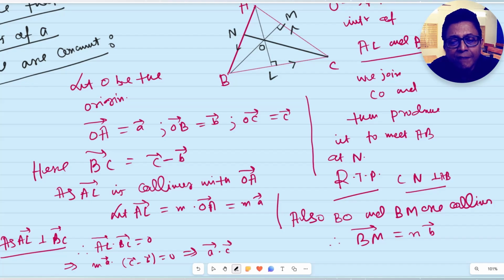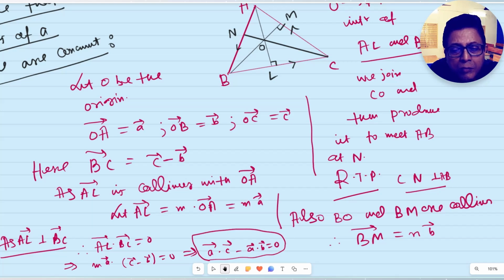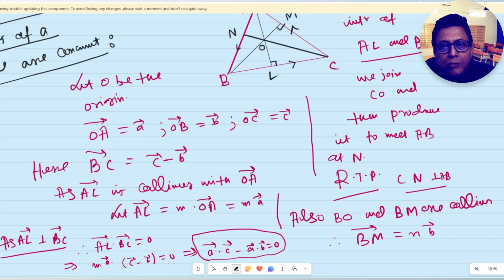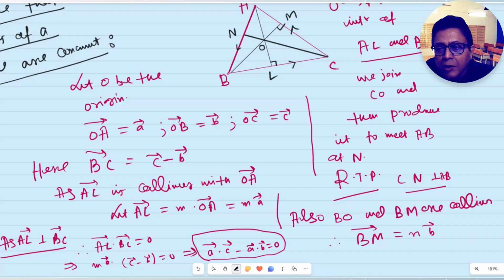A dot C minus A dot B equals 0. Then BM equals NB, as BM is perpendicular to AC. Therefore, NB dot (C minus A) equal to 0.